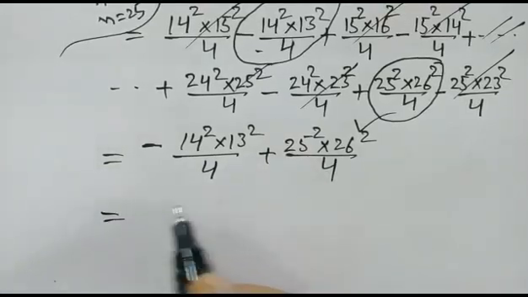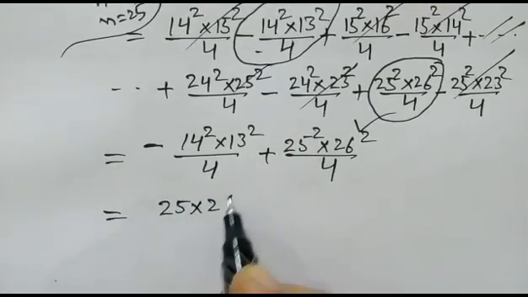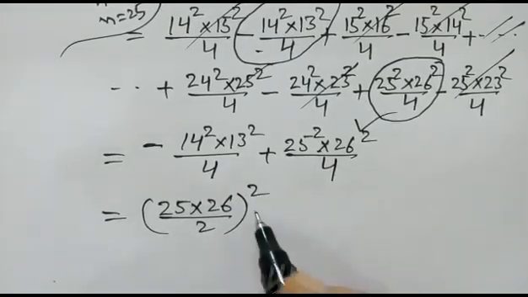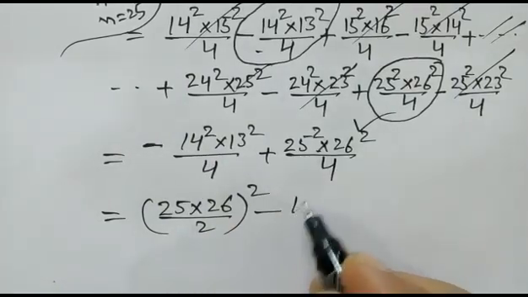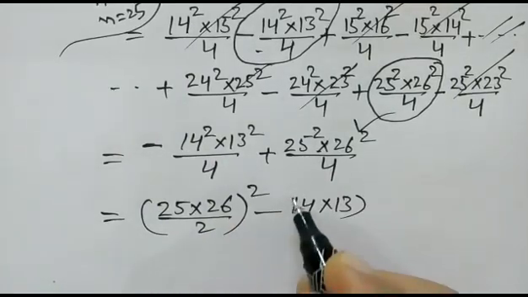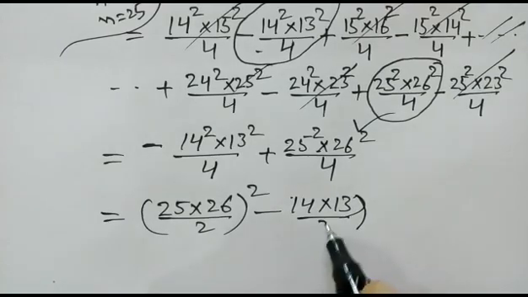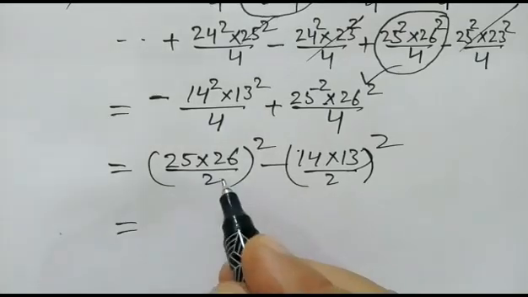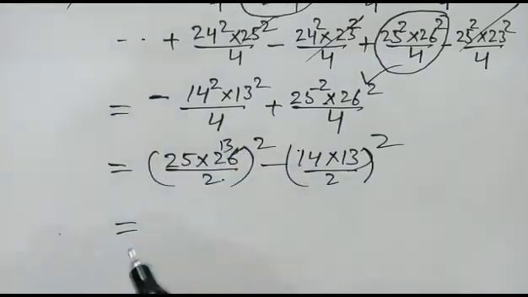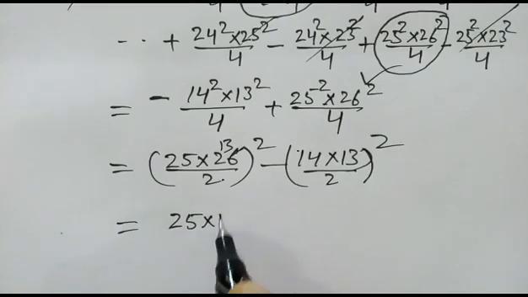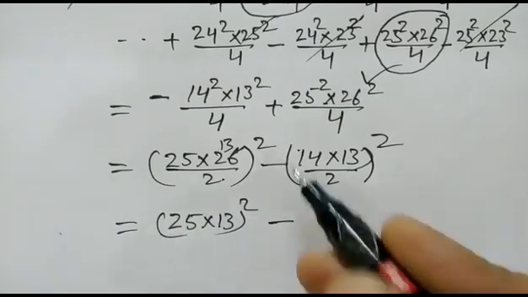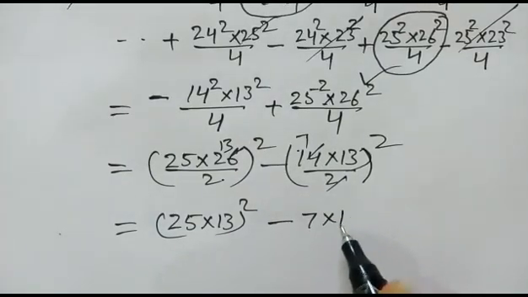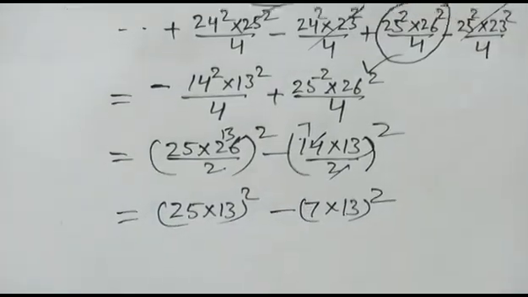Now we take this as first: 25 into 26 over 2 whole square, minus 14 into 13 over 2 whole square. Now 2 goes into 26 thirteen times, so 25 into 13 square, minus 7 times, so 7 into 13 square.